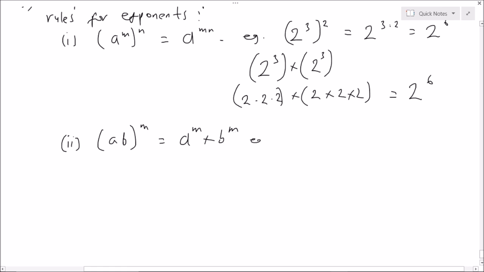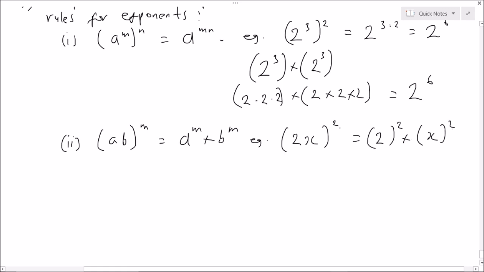So for instance, if you are given 2s exponent 2, it will say this is the same as 2 raised to the power 2 times s raised to the power 2.